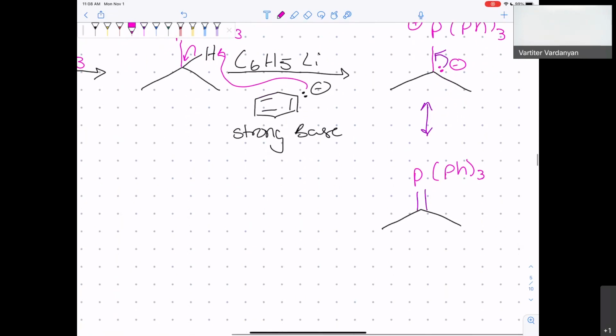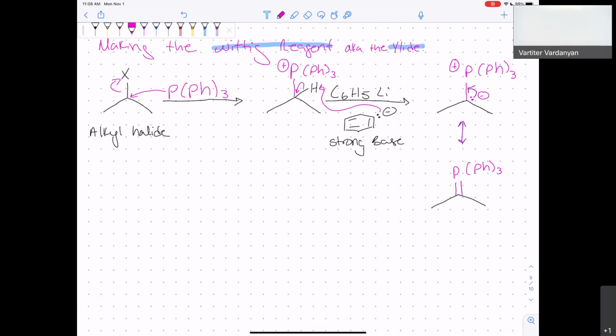And now our charges are happy. And we're going to put a little bracket around here to indicate that these are resonance structures of one another. And the name is the ylide.